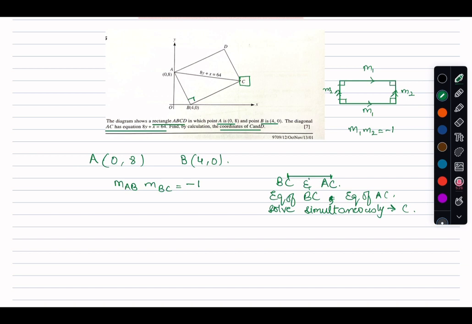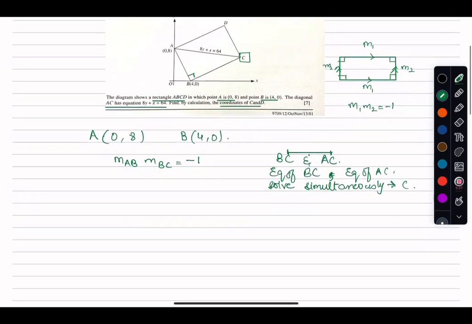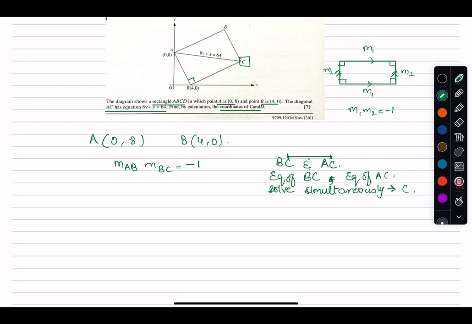So let's first get the gradient value. The line AB is making a right triangle with respect to the origin. I can see that the rise here is equal to 8 and the run with respect to the origin is 4.